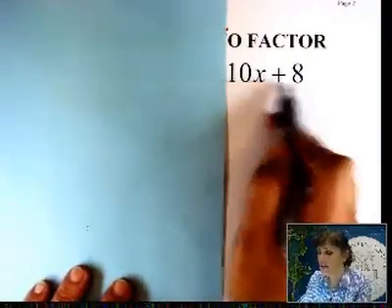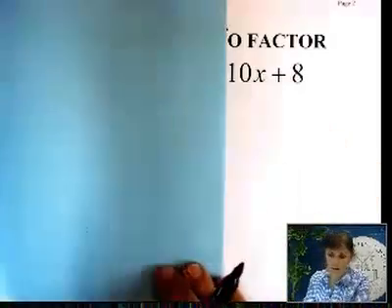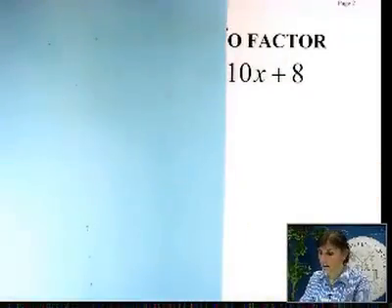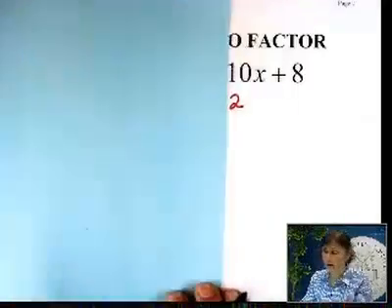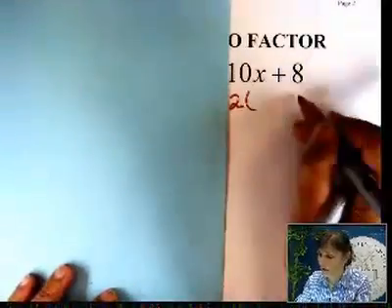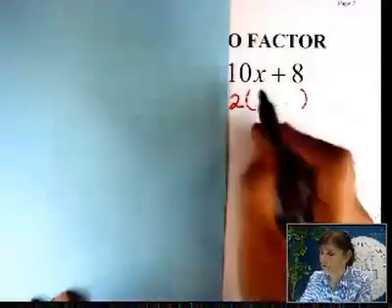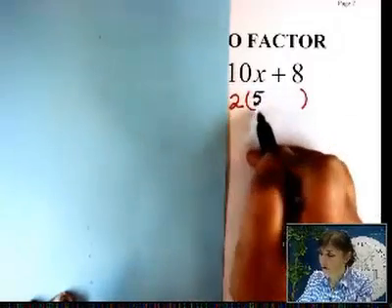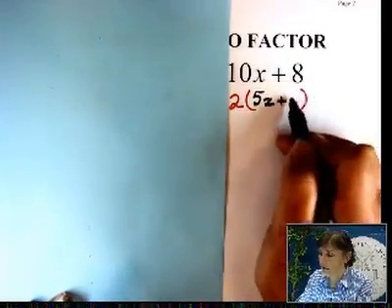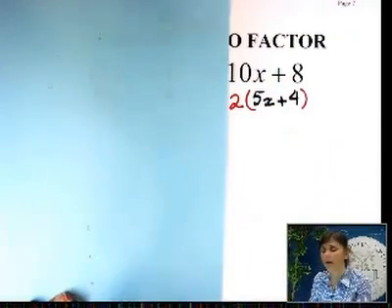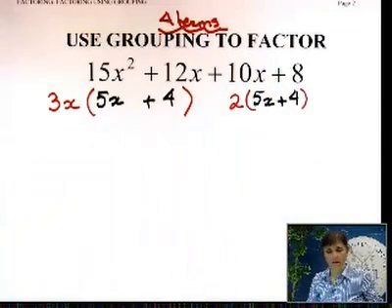I'll have 10x and 8. What's repeating? Let's do it with the red. 2 is repeating. And what am I going to have behind? 2 times 5, so 5x plus, and what's left behind? 4.